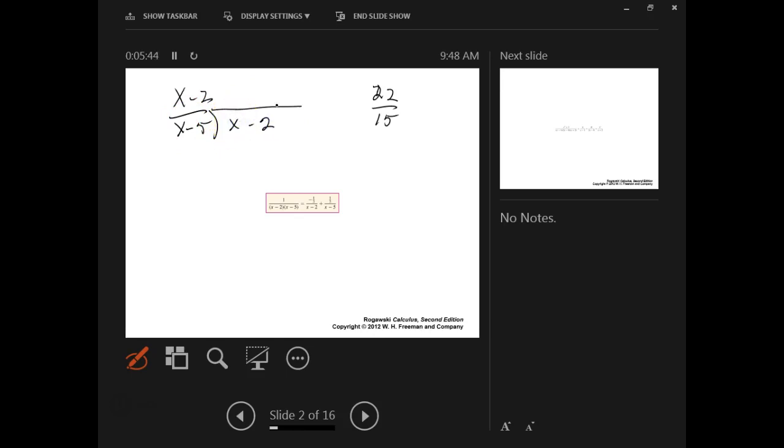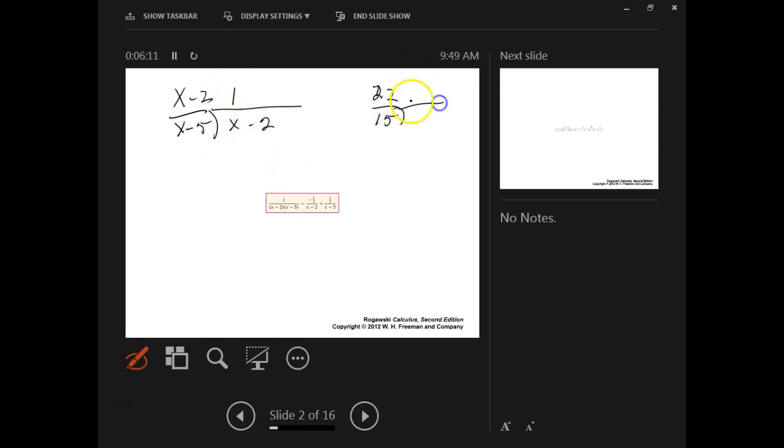Okay? And how many times will that go? Remember how to do our long division of fractions? X will go into X. How many times? One time. Okay. And then you multiply.